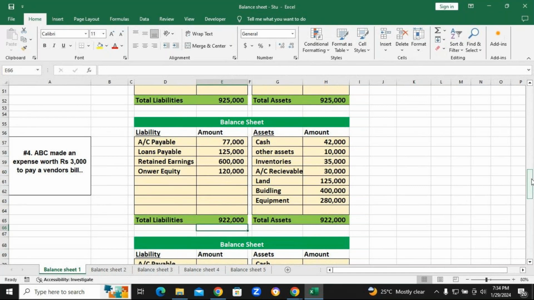You just need to follow the instructions they have given and implement the same in the balance sheet.